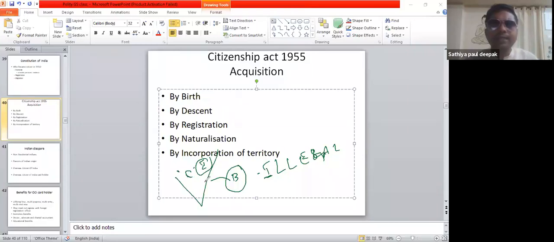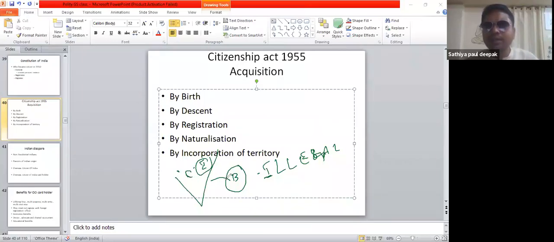According to the 1986 amendment to the Citizenship Act, one of the parents, the mother, is an Indian, so the child is eligible for Indian citizenship. But there was a big problem: people from Bangladesh kept on entering India as illegal migrants, married Indian women, and children were born to them. First, the children will be granted citizenship. Then this person B, who is an illegal migrant, will go to the government of India and say, my wife is an Indian, my child is an Indian, I also should be given Indian citizenship on humanitarian grounds.